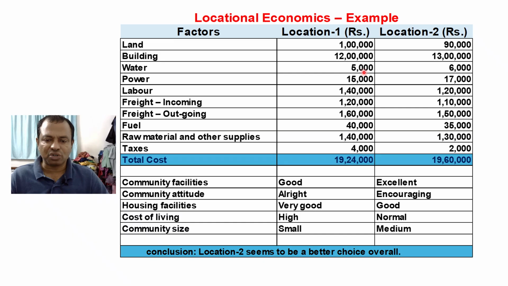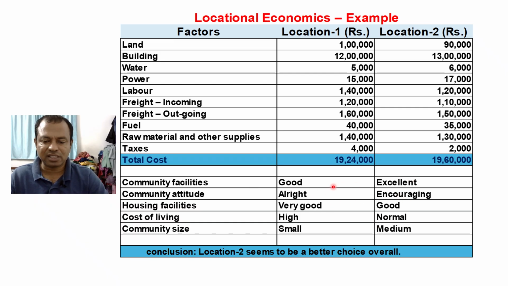So the total cost of location 1 is 19,24,000 and for location 2 is 19,60,000. So considering these total costs, location 1 is suitable. But considering indirect costs like community facilities, community attitude, housing facilities, cost of living and community size, there is another comparison shown here.